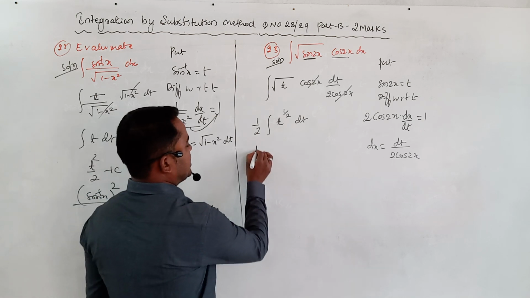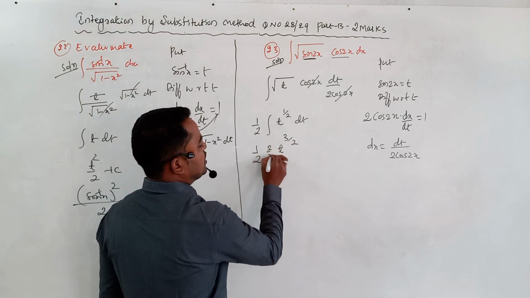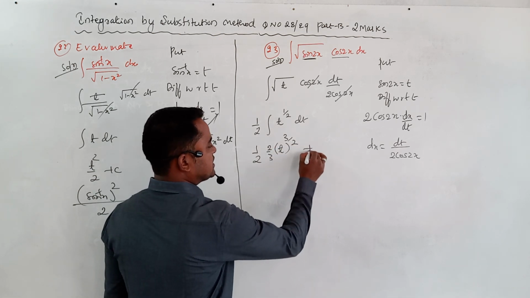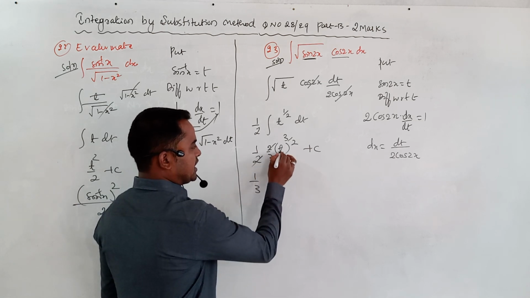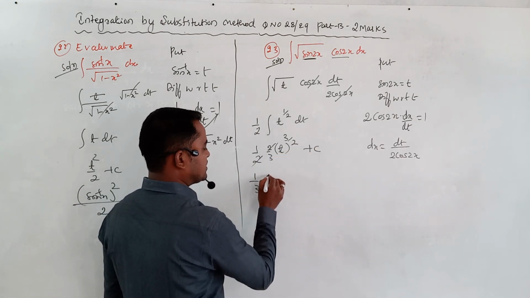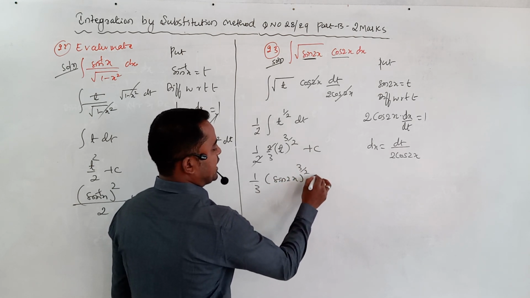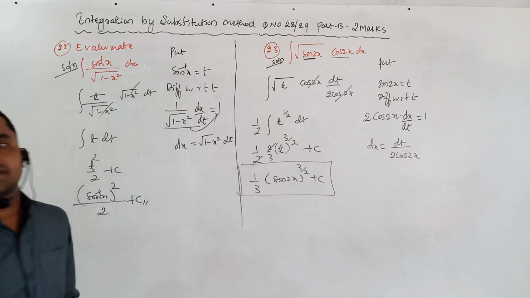Integration of t raised to 1 by 2 is nothing but t raised to 3 by 2. Its reverse is what? 2 by 3. Yes. Plus, see these 2 get cancelled. 1 by 3. t means what? Sine 2x raised to 3 by 2 plus c. Plus c. This is the final answer.